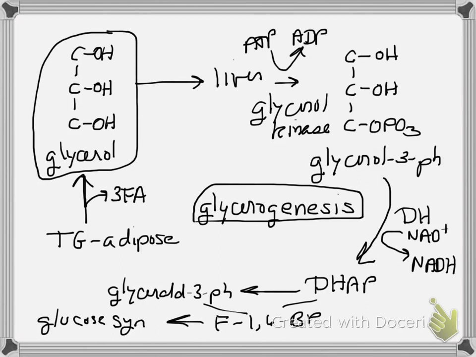Okay, so that is gluconeogenesis, the reverse reactions of glycolysis, and the 3 reactions that have to be bypassed in order to prevent that futile loop, and also to get around those irreversible reactions.